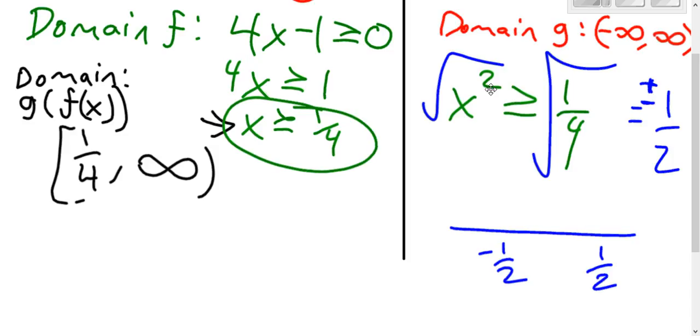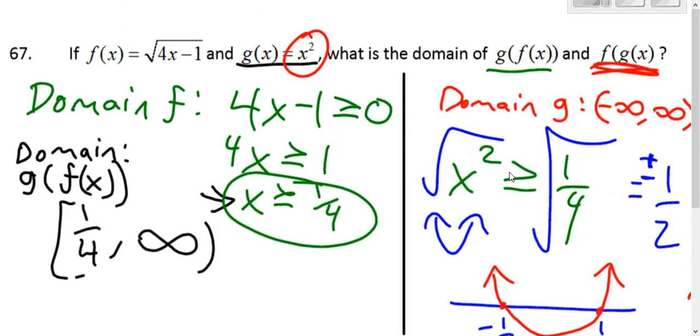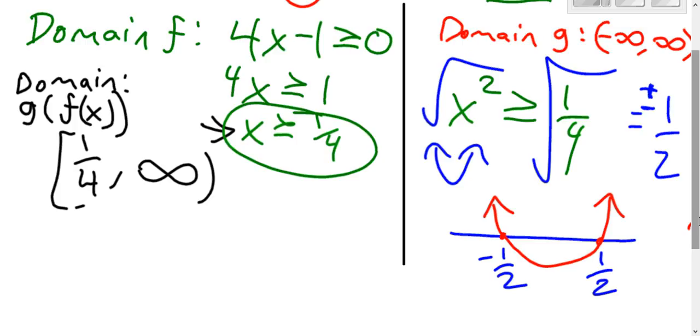It's a quadratic. It's a U-shaped parabola that passes through those two points like this, and it has to be greater than or equal to 1/4. So where is it greater than 1/4?